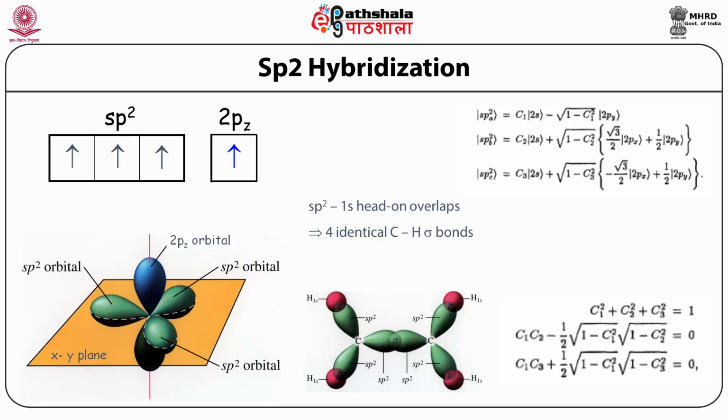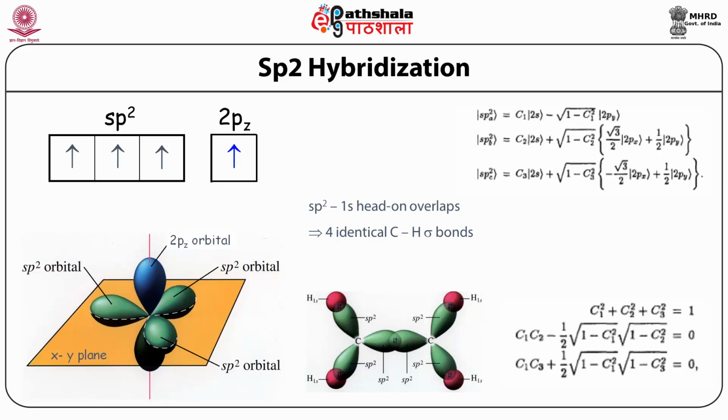Now here the coefficients C1, C2 and C3 can be determined from the orthonormality of the Sp2i and 2s, 2px, 2py orbitals, and we obtain 3 equations for determining the coefficients C1, C2, C3.